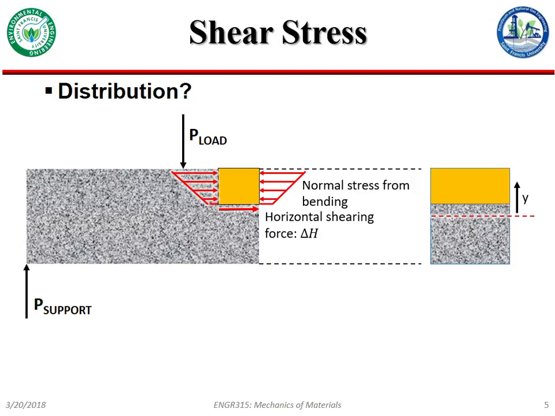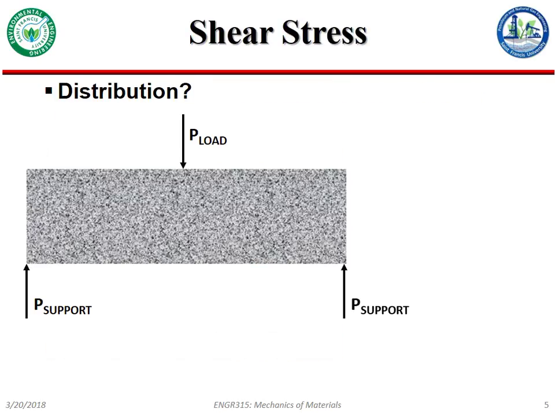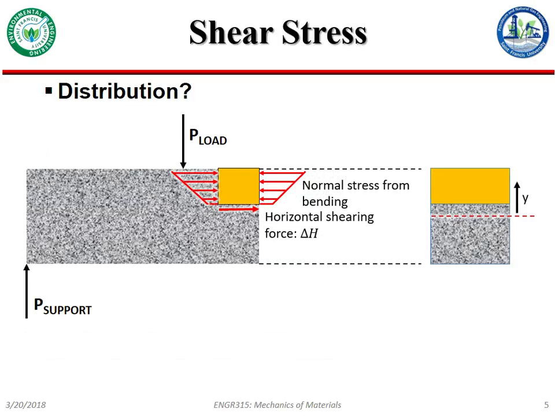So in this case, like you said, we have some shear stress in the horizontal direction. So that means that we have a force in the horizontal direction. We're calling it delta H in this case. And between these three force distributions, be it from bending, because there's some normal stress, right?